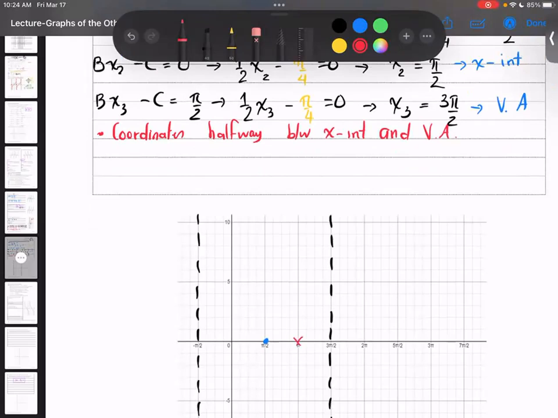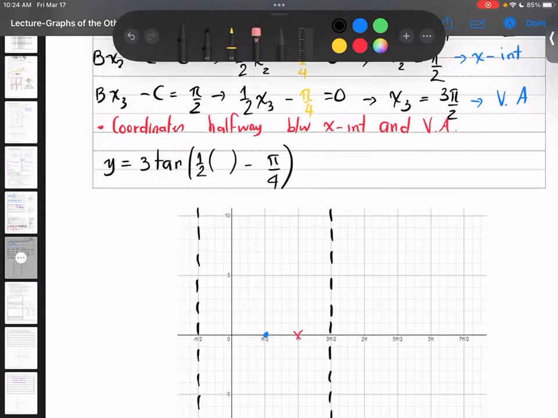Plug it in. Let me use the original problem. The original problem states y equals 3 times tangent of 1/2 times x minus pi over 4, in parentheses. You know what? Let me use this one.